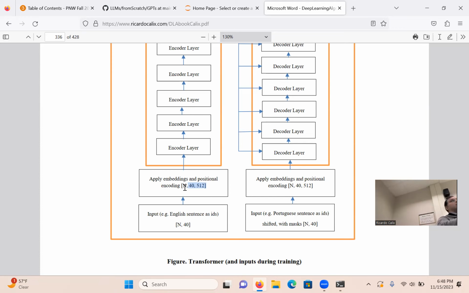So you're giving it not just 1 English, 1 Portuguese, but let's say 64 English and Portuguese samples. That's a batch. You guys know what I mean, right? That's the n. The 40 by 512 just means the sentence. The 40 is the words, the IDs, and the 512 is the vector for each one.